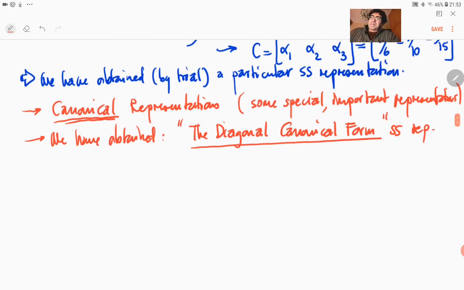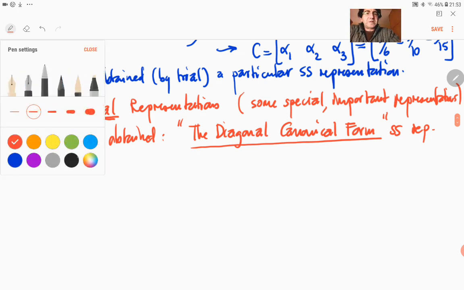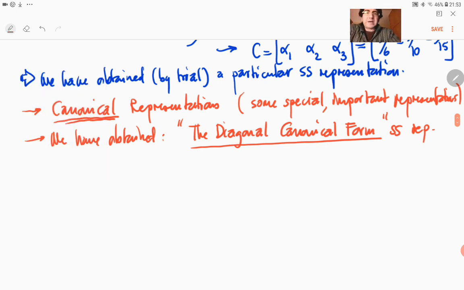Now, let me generalize the diagonal canonical form for reference. Generalization, because we worked this on an example.